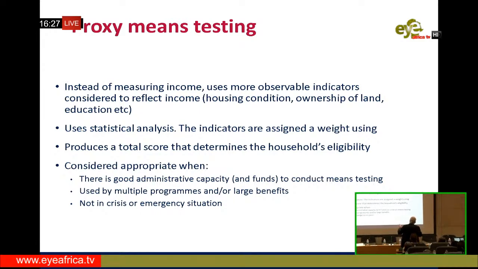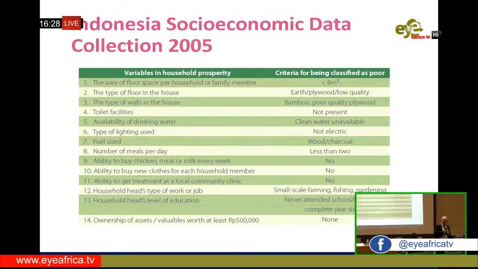And it's okay. It works to a certain degree, but I will come back to that with a story that we recently had in Cambodia. These are the variables that, for example, in Indonesia are used for the proxy means testing.